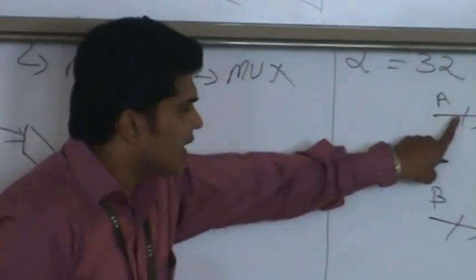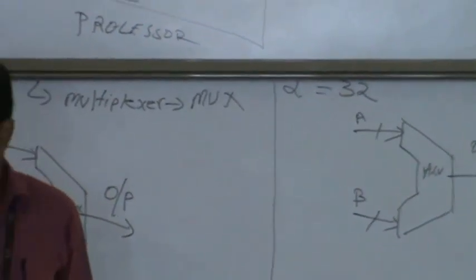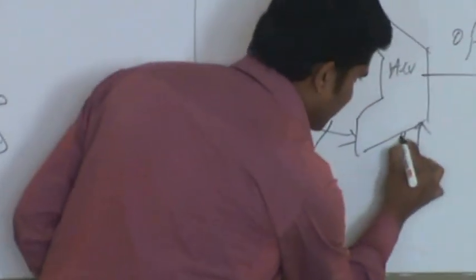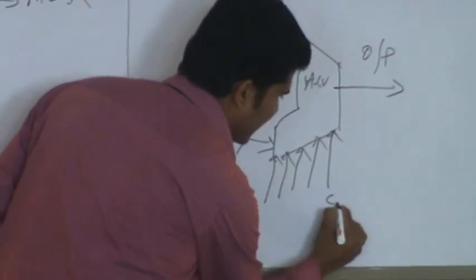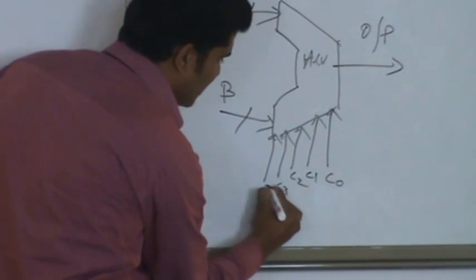Here the ALU can perform 32 different operations, so we require 5 bits. We call them C0, C1, C2, C3, C4.